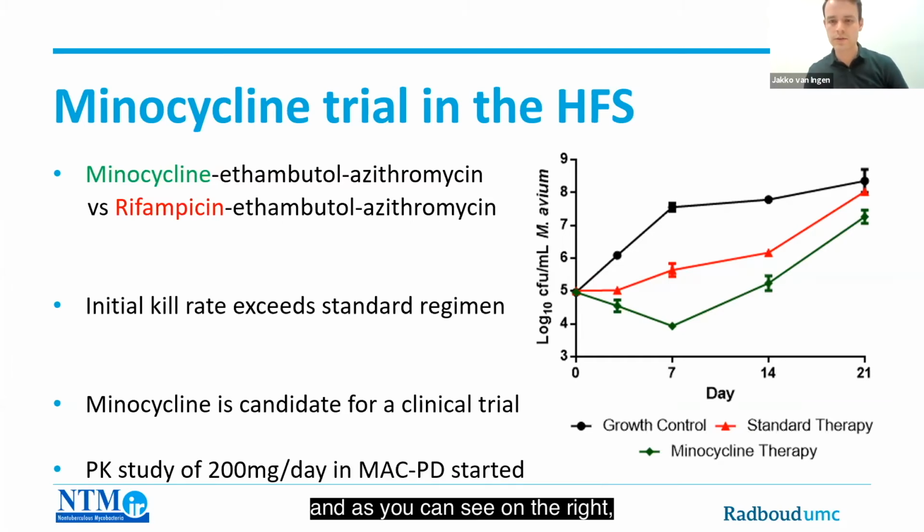And as you can see on the right, again, the higher the lines, the more bacteria are inside our lung compartment. There is much more killing within our minocycline therapy because the line actually goes down. So that means that we actually kill the Mycobacterium avium, sorry. But after 7 days, we do see some regrowth.